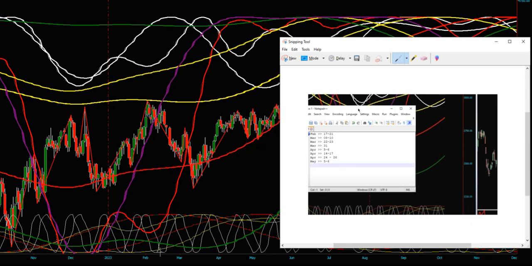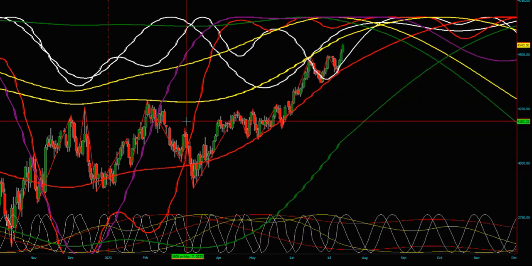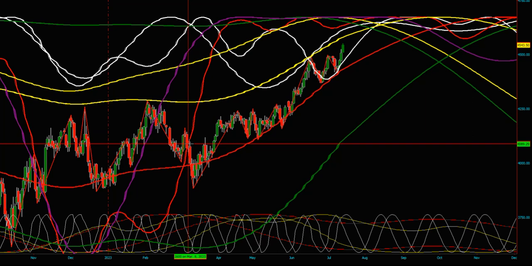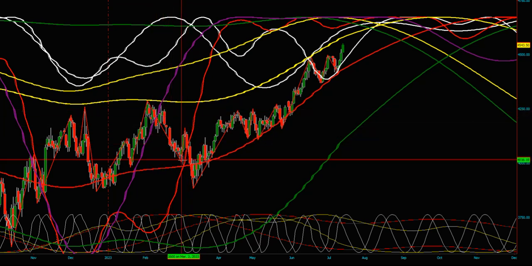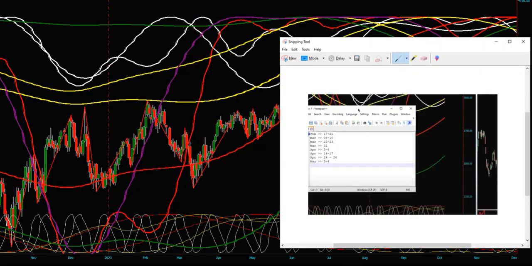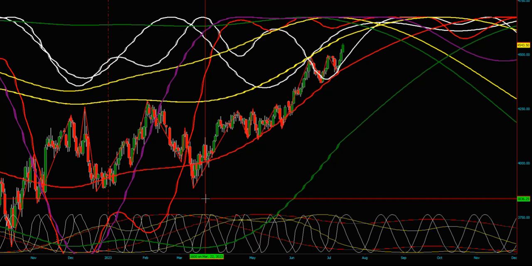So Feb 17-21 is right here. It turned, and then we said March 8 and 10, which is, let's see, this one. March 8 is right here. Feb is here. We both had a good move forecast, and then March 20, end of March, or like 22, somewhere right here.